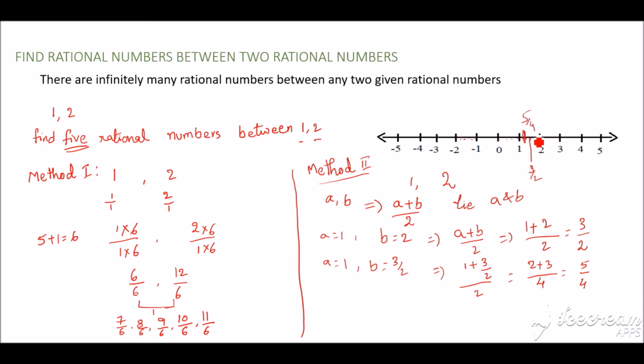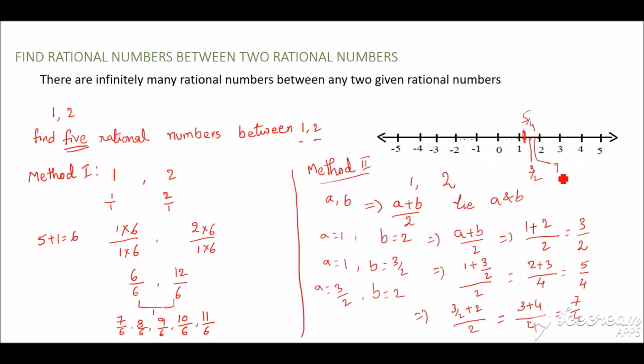Next, again if you want more numbers, now take a as 3 by 2 and b as 2. Now 3 by 2 plus 2 by 2, that means again LCM, 3 plus 4 by 4. So 7 by 4 will lie in between 3 by 2 and 2.